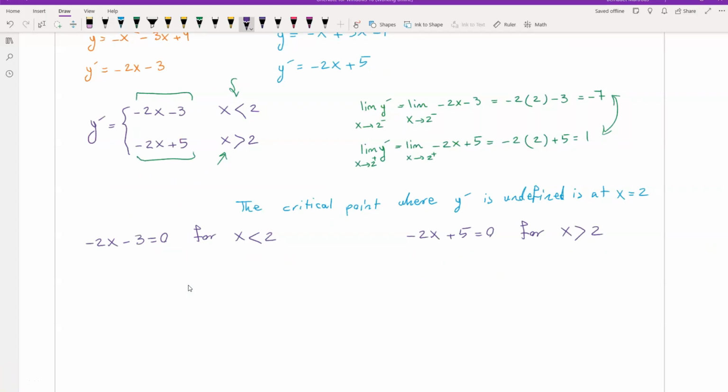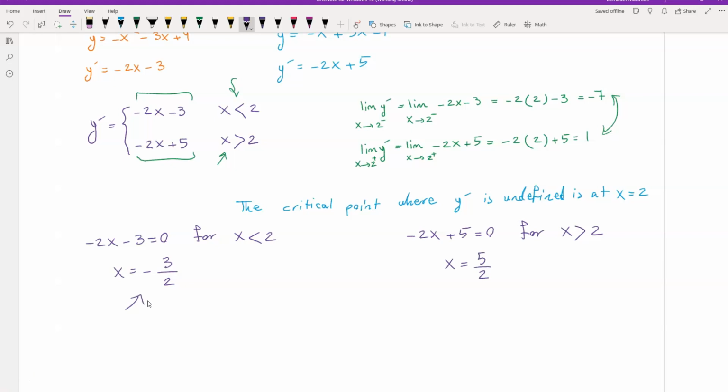Now we have to find where y prime is 0. The first piece is negative 2x minus 3 equal to 0, and the second piece is negative 2x plus 5 equal to 0. Solving for x, x is negative 3 over 2 for the first, and 5 over 2 for the second.